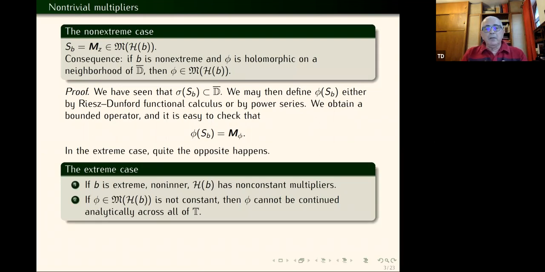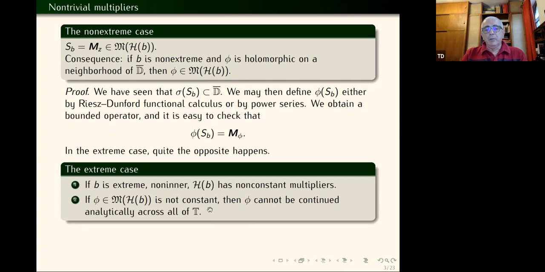Now, in the extreme case, quite the opposite happens. Point 2: if you have a non-constant multiplier, then it cannot be continued analytically across any point of T. You see, in the extreme case, all these functions that were holomorphic, none of them can be a multiplier except constants.